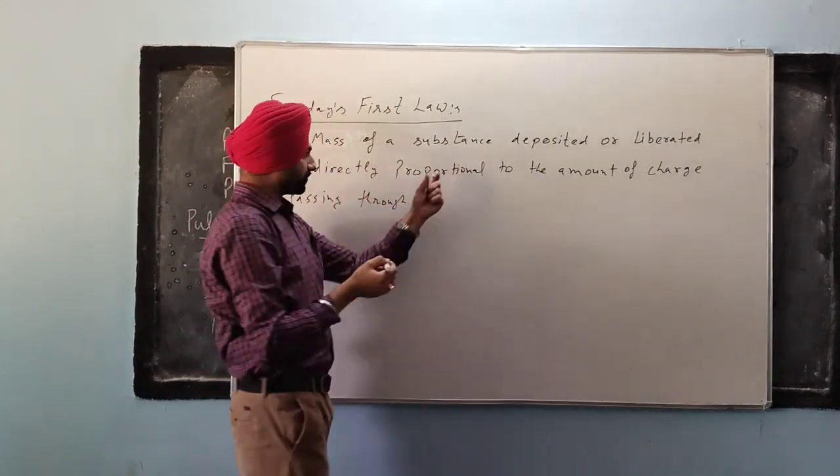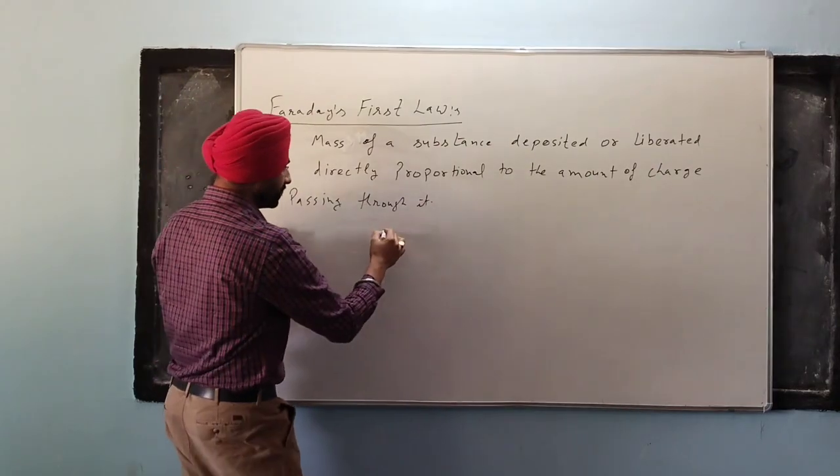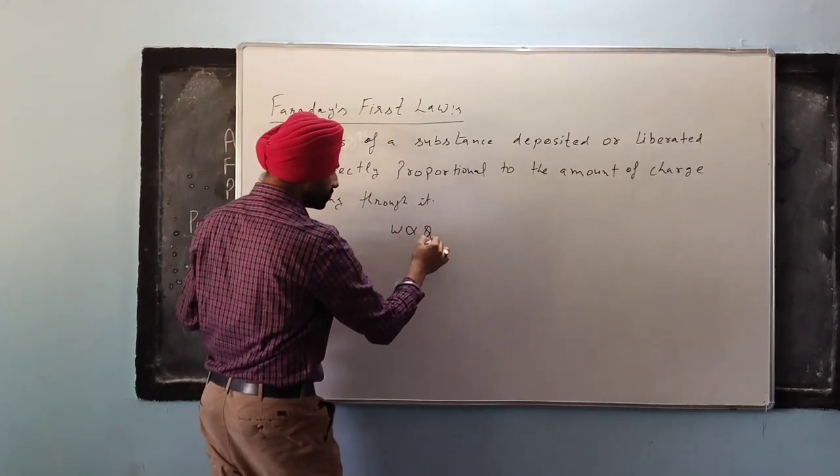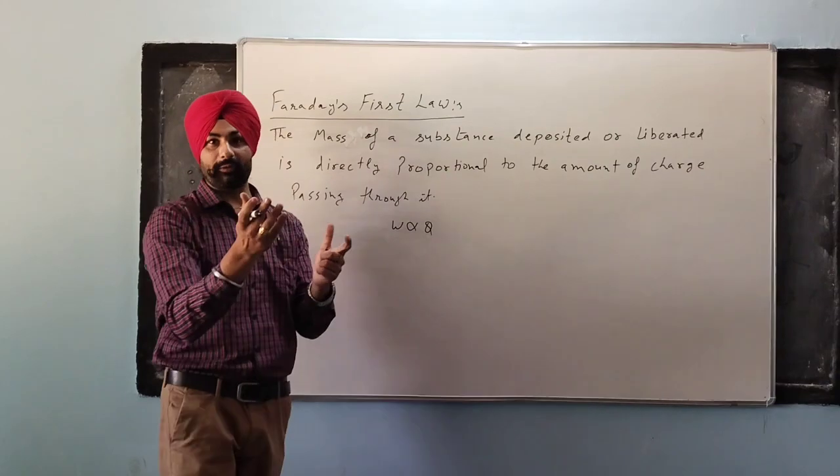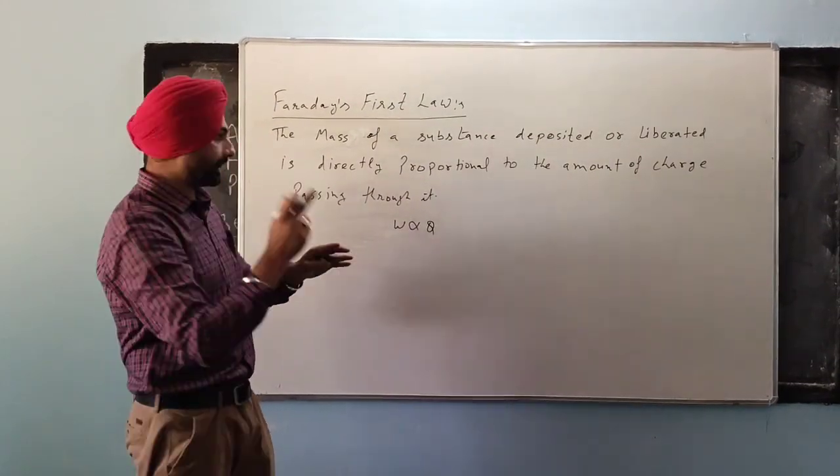This thing we can write in the form of an equation: W is directly proportional to Q. Q is the charge, W is the mass or weight, whatever is depositing on the electrode.